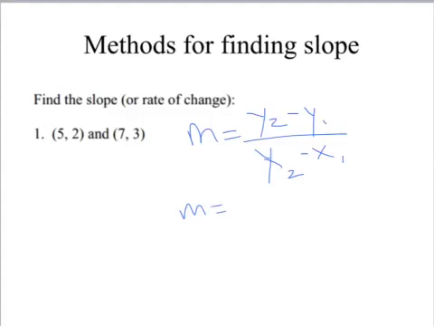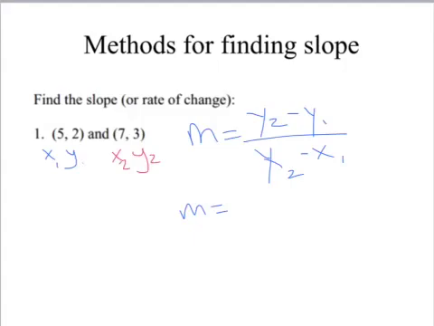It also helps to label your X1s, Y1s, etc. So you know with your ordered pairs, it's always XY. And I'm going to kind of color code them as well. XY, since this is from the second set, X2, Y2, X1, Y1. Okay?